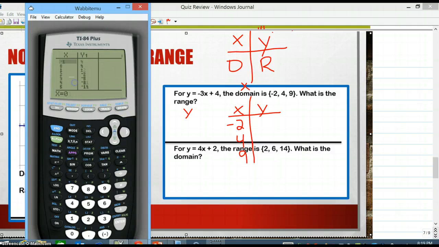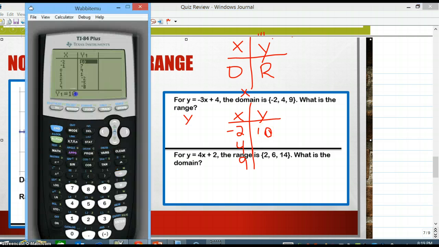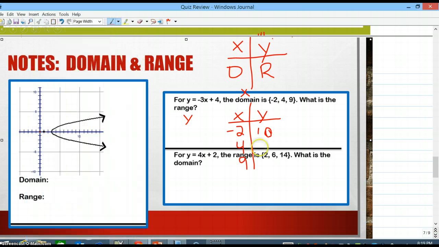When x is negative 2, my table tells me y is 10. So I'm going to write 10 next to my negative 2. When x is 4, my table tells me my y is negative 8. So I'm going to write negative 8 next to my 4.